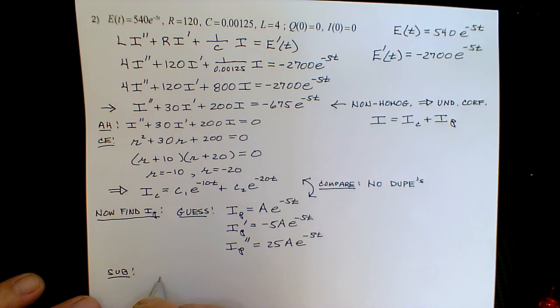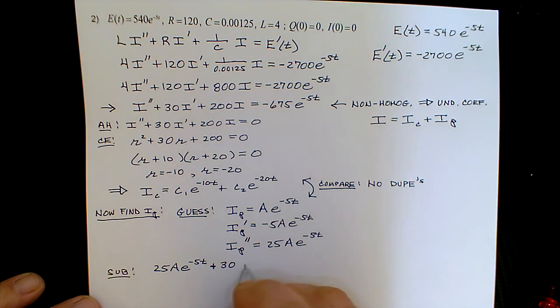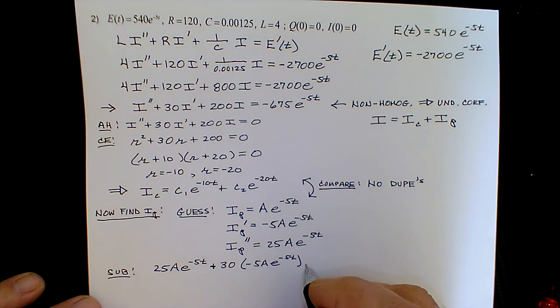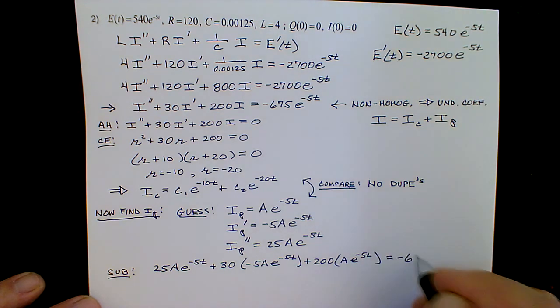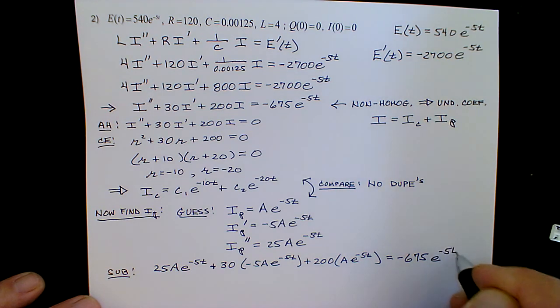So we have I double prime, so 25A e to the negative 5t, plus 30 I prime, negative 5A e to the negative 5t, and then plus 200 times I, which is A e to the negative 5t, and that has to equal negative 675 e to the negative 5t.